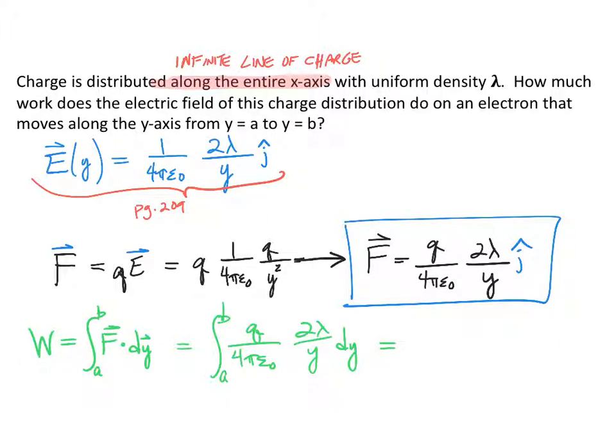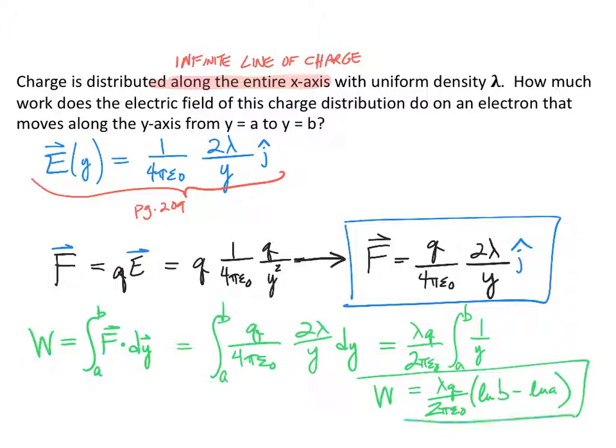So really, you're going to have lambda q per 2 pi epsilon naught integral a to b of 1 over y. Hopefully you remember that's a difference of natural logarithms. Hit that in Calc 1, I'm sure. And so the work, in this case, we don't have any limits, so we wouldn't know. Lambda q per 2 pi epsilon naught times natural log of b minus the natural log of a. That's our work formula.